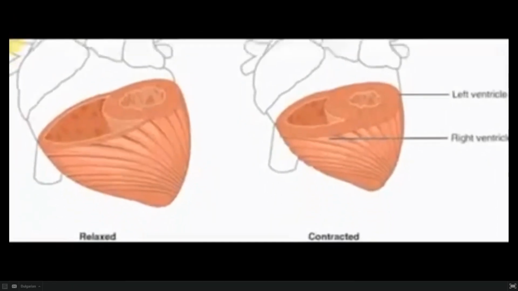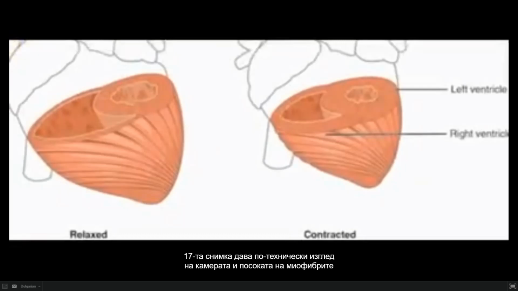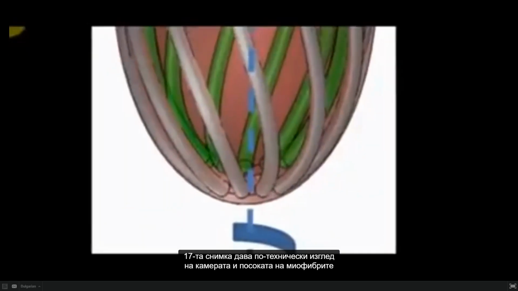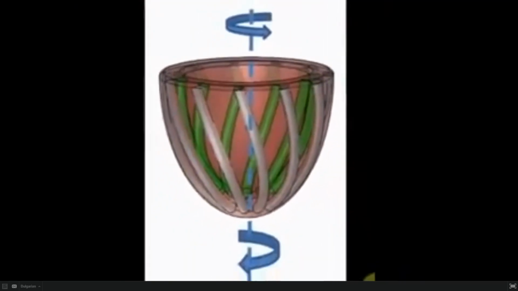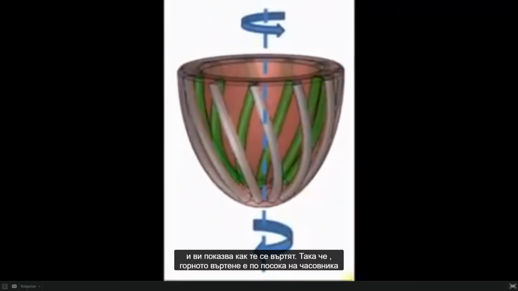Okay. Then picture 17 gives you a more technical view of the chamber and the direction of the myofibers, and shows you how they spin.